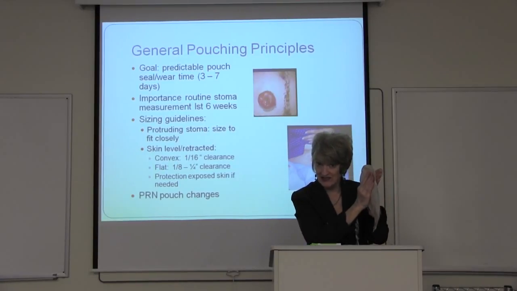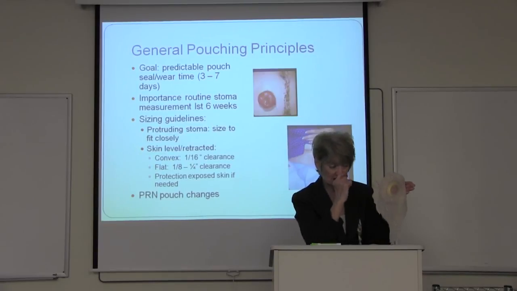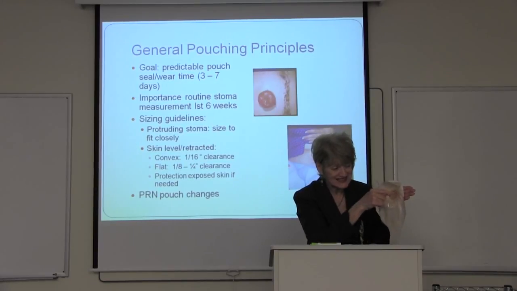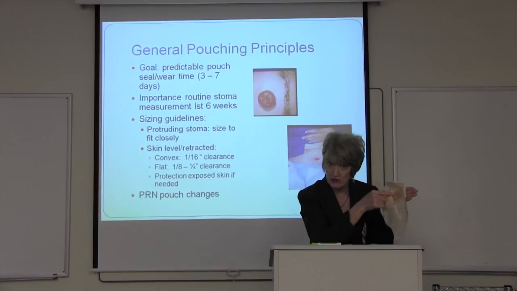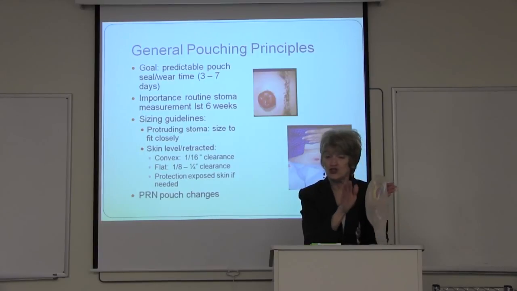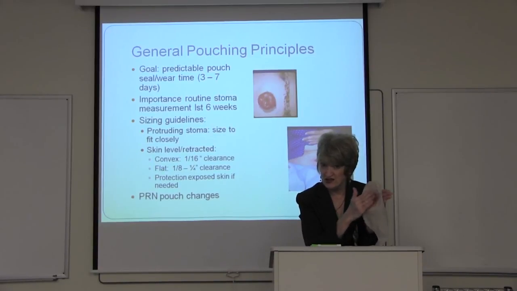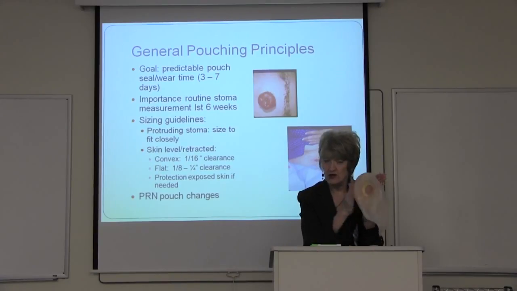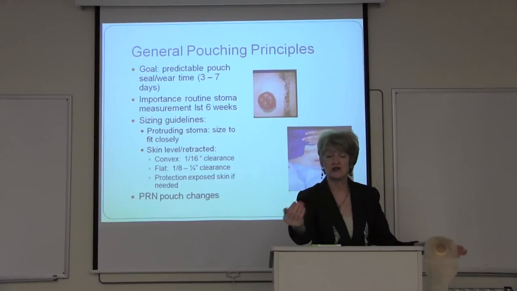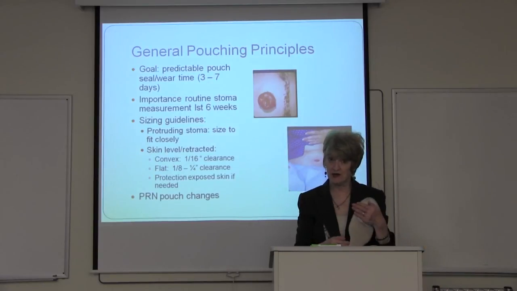That 1 1/8 inch opening would essentially give you 1/16 of an inch clearance all the way around. That's just enough clearance to prevent trauma to the stoma, to minimize undermining, but to assure that you get support where you need it, right around the stoma. You're trying to push it around the stoma so the drainage projects into the pouch.